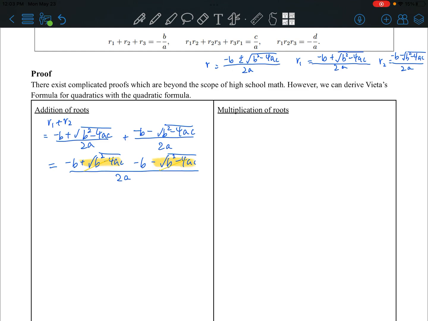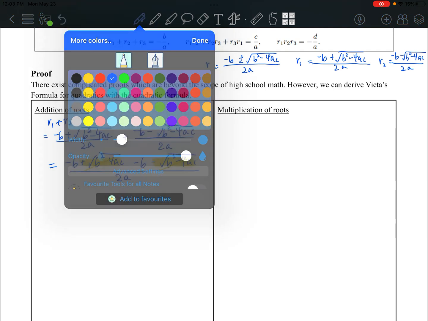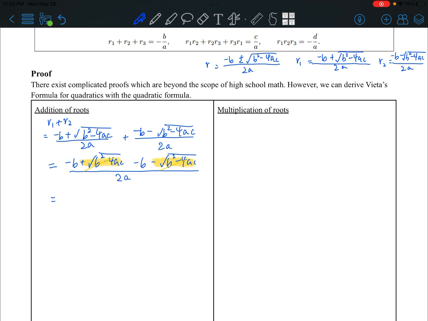So now we have a simplified version, which is just negative 2b over 2a, and then we can also cancel out the 2, so the addition of roots in the quadratic formula will be negative b over a.